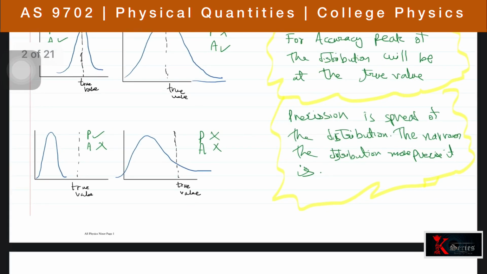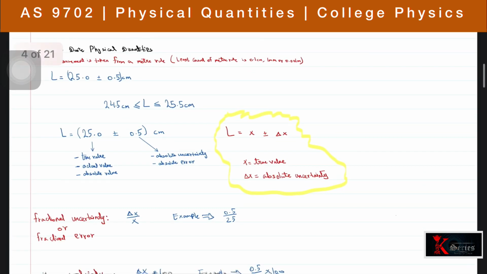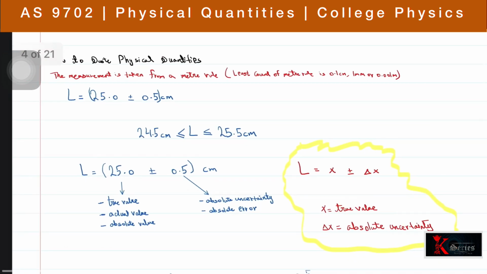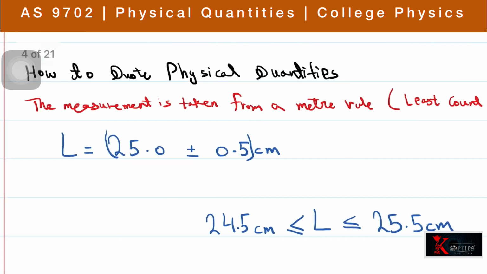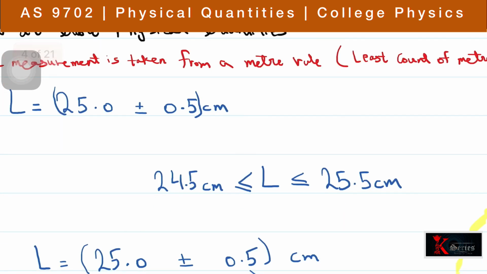Now we'll be learning about how to quote physical quantities, right? For example, if we have a value of around 25 centimeter, let's say, and there is a possibility of an error of around 0.5 centimeter. So the value is greater than or equal to 24.5 centimeter and less than or equal to 25.5 centimeter, right?